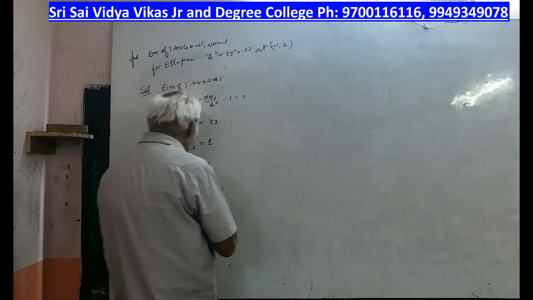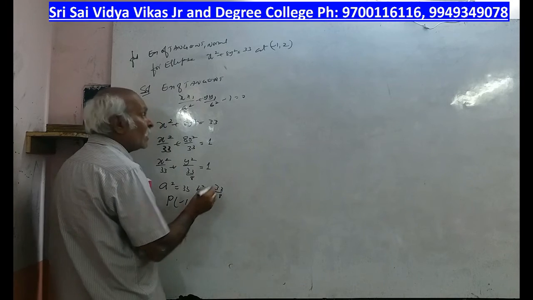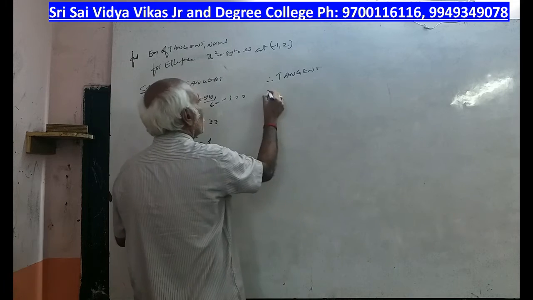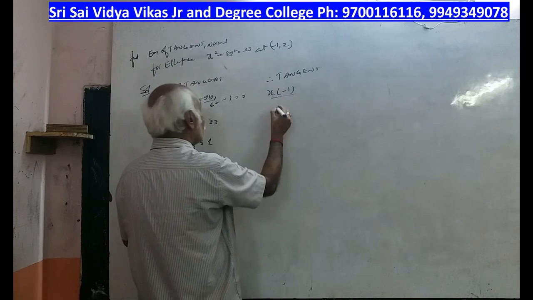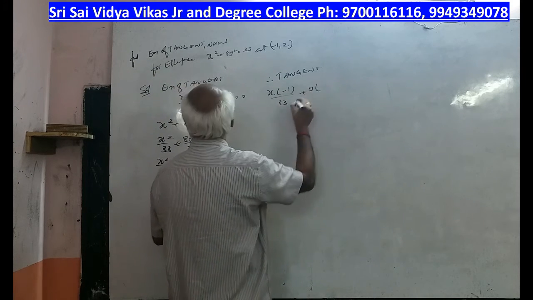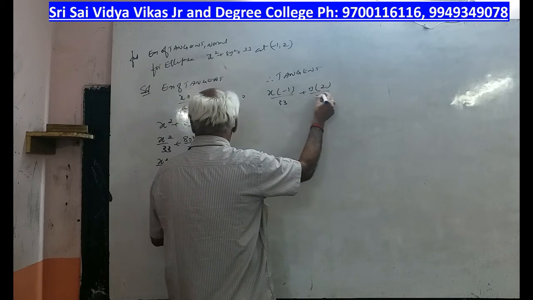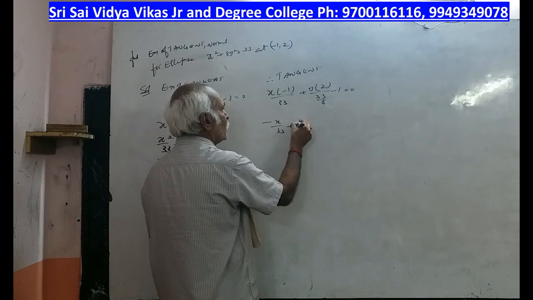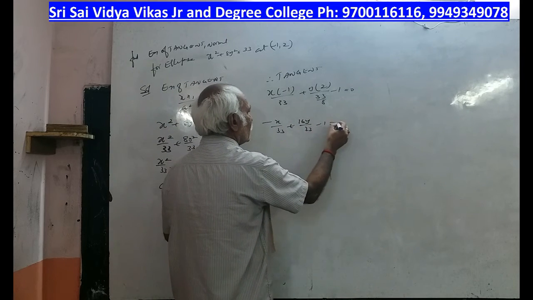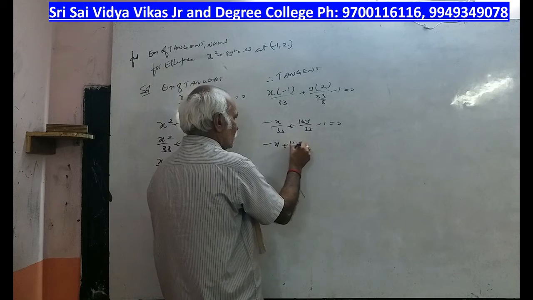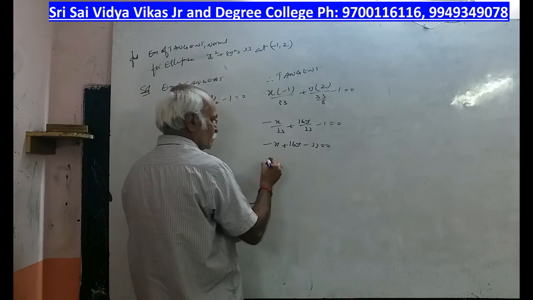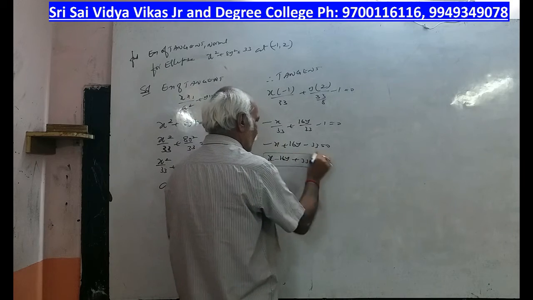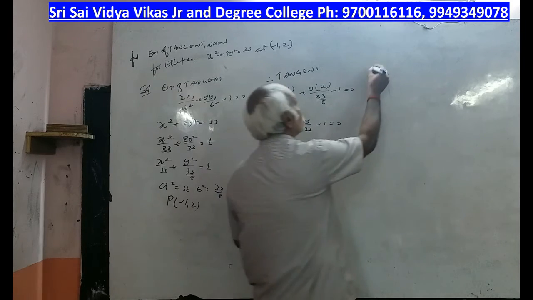Now the point is what, sir? Minus 1 comma 2. Therefore for the tangent, I am putting here x into minus 1 by a square, which is 33, plus y into y1 is 2 by 33 by 8 minus 1 is equal to 0. Take the LCM. Right? Next, normal.